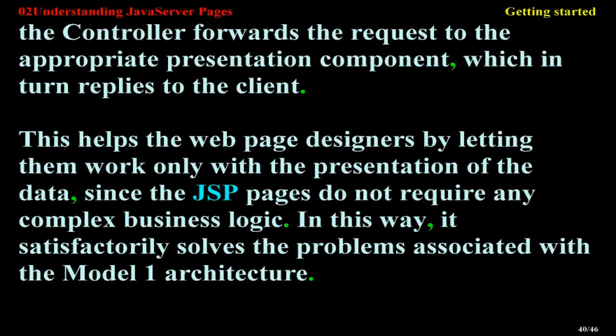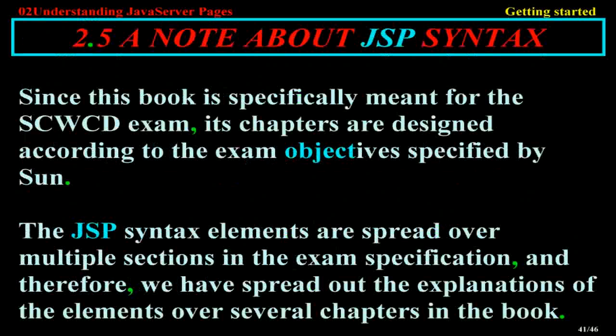This helps the web page designers by letting them work only with the presentation of the data, since the JSP pages do not require any complex business logic. In this way, it satisfactorily solves the problems associated with the Model 1 architecture.